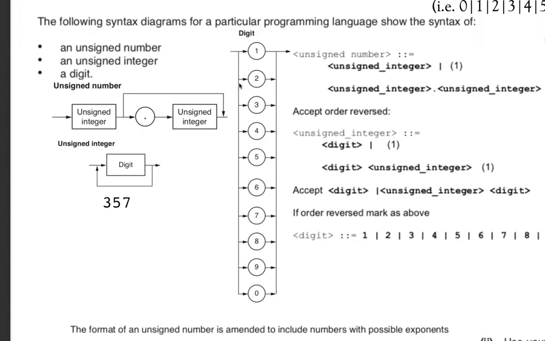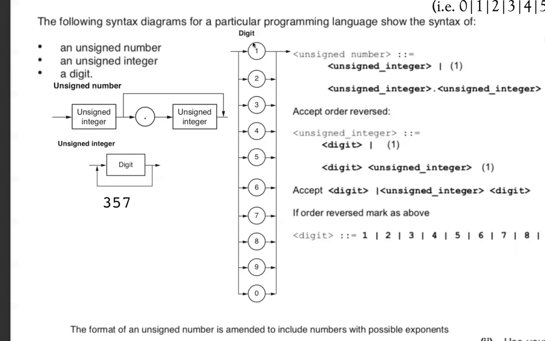I start from here, I take this path, and I reach the end. Since there's a path for me to go from the start to the end, the value that I chose is a valid value. Same thing goes with 6. If I start here and go from 6 to the end, that means 6 is also a valid value.